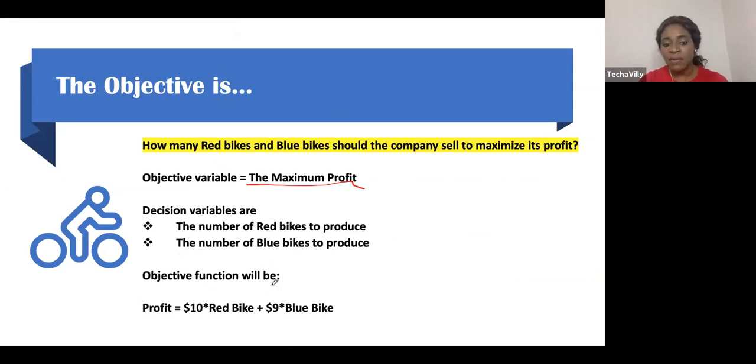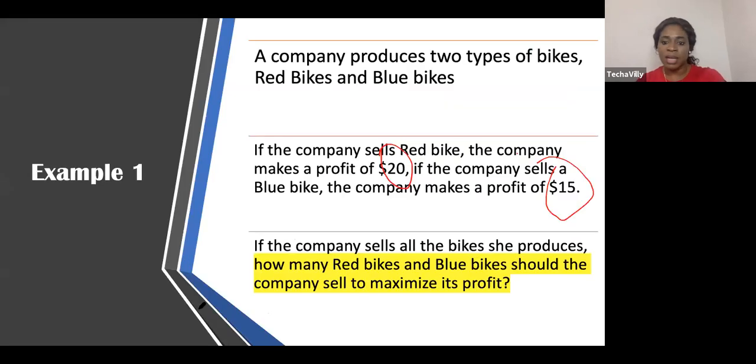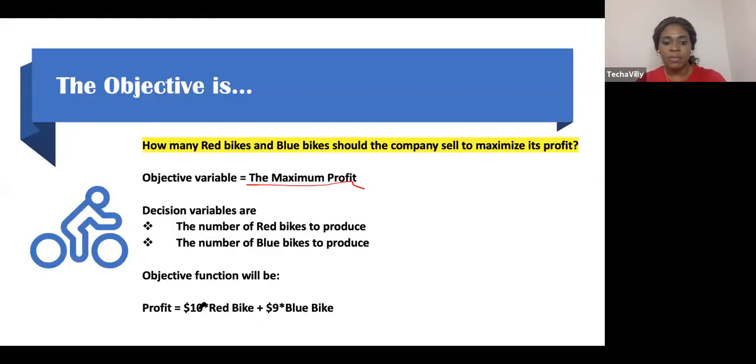And the objective function is going to be the profit. I actually changed the number. So it's going to be $20 of the red bike plus the $15. If you go back to the previous slide, this is the profit, not this. So it is going to be $20 times the red bike plus $15 times the blue bike.